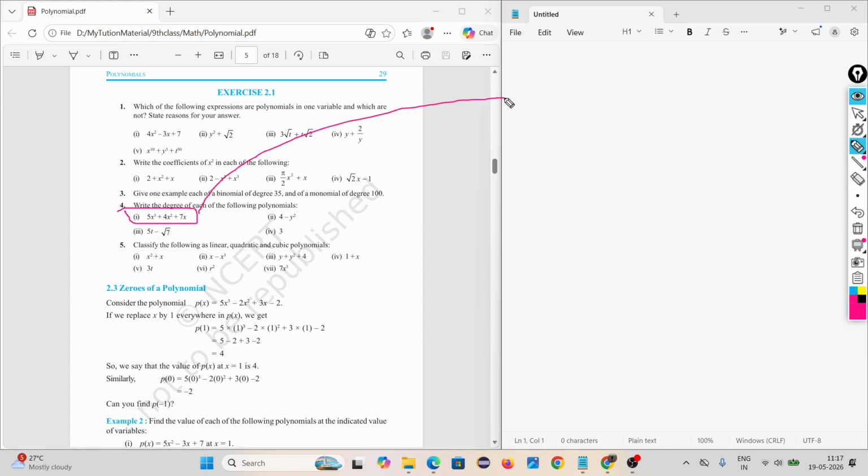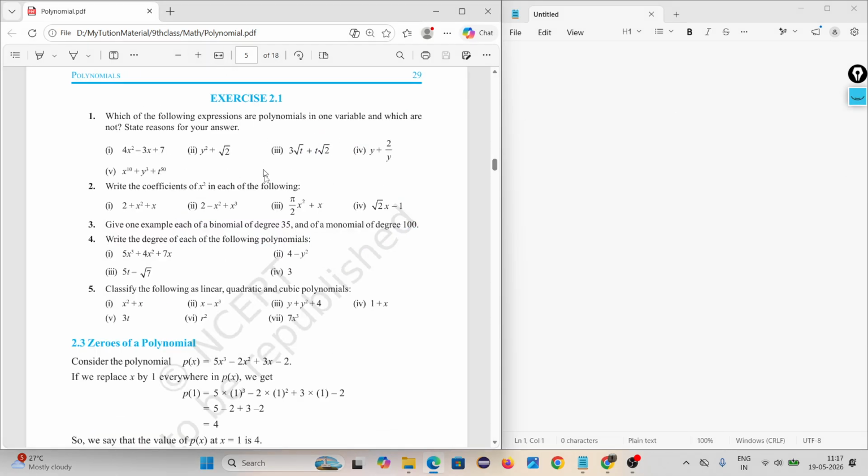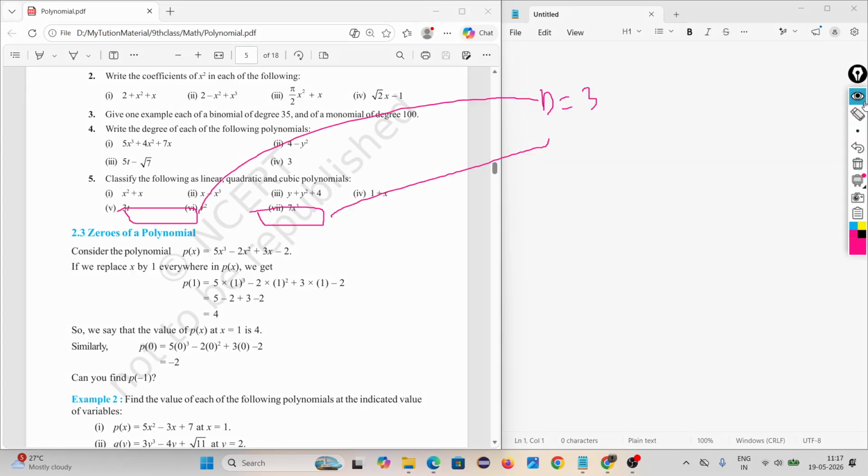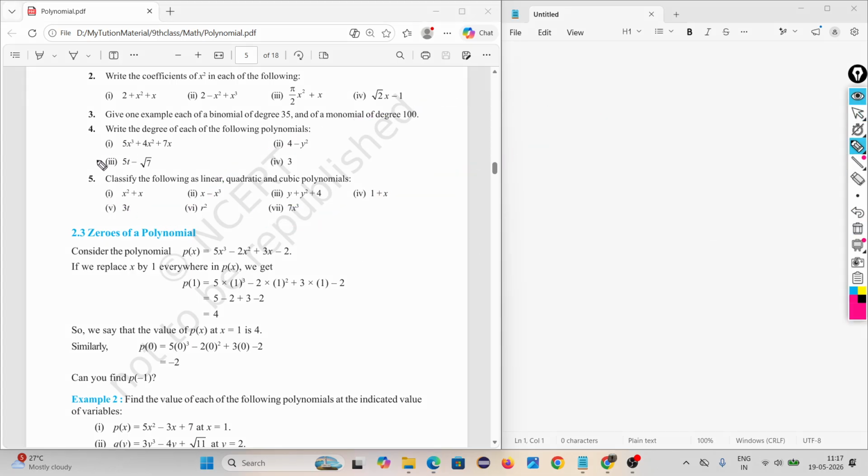Here 3, here 2, here 1. A constant has degree 0.